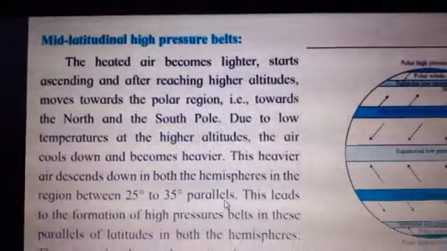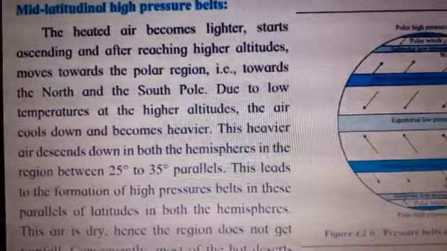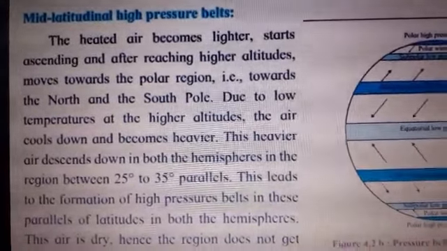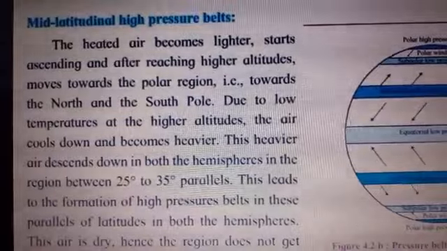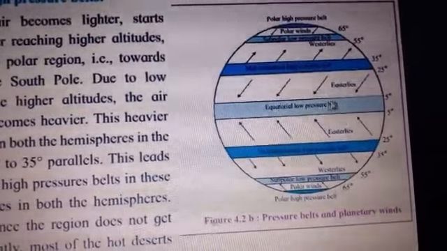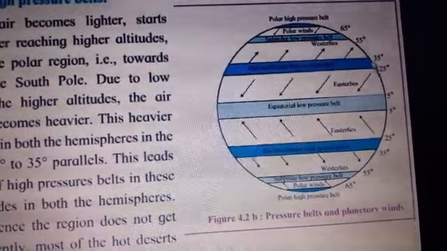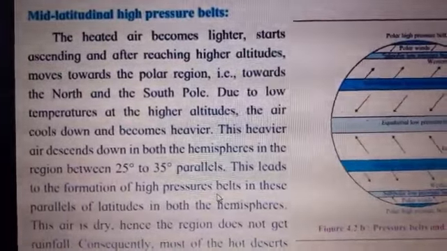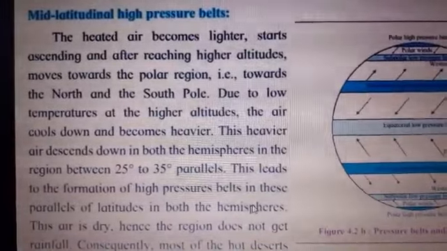Now this air which has become heavier, it is not possible to move further in the upward direction. Now this air starts moving towards the downward side, that is 25 to 35 degree parallels. You can see here, 25 to 35 degree parallels. This leads to the formation of high pressure belts in these parallels of latitudes in both the hemispheres.